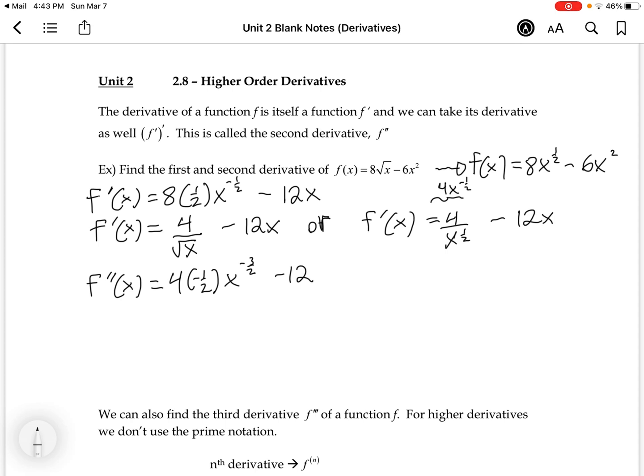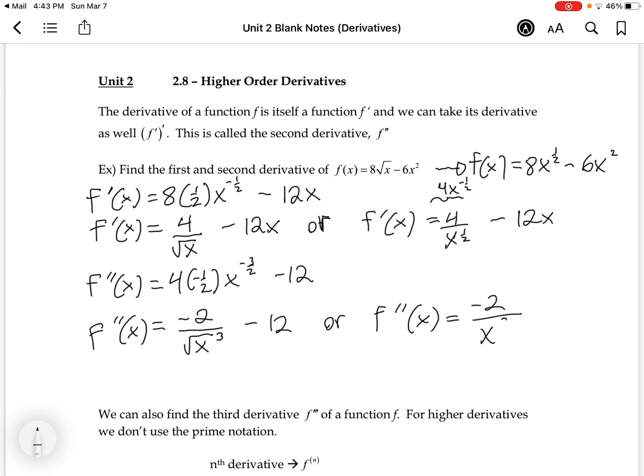Then I'm just going to simplify this first term. 4 times negative 1/2 is negative 2 over x to the 3 over 2, or you could write it as the square root of x cubed, minus 12. So f double prime of x equals negative 2 over x to the 3 over 2 minus 12.